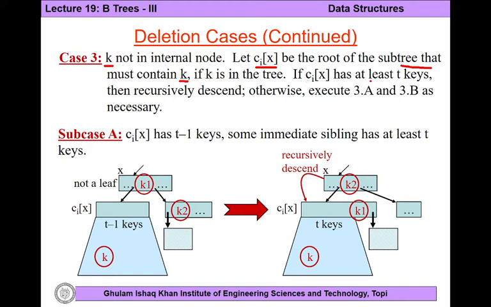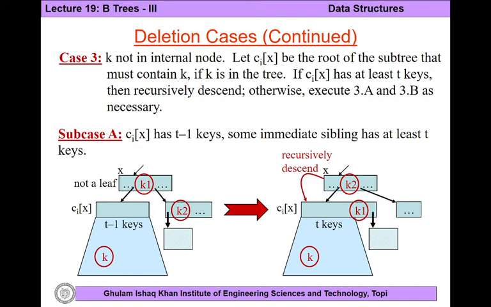If Cx has at least t keys, then we can recursively descend into that tree, because it contains at least t keys. So the condition which I stated earlier is satisfied. Otherwise, if that node does not have t keys, then we will execute either condition 3a or 3b.